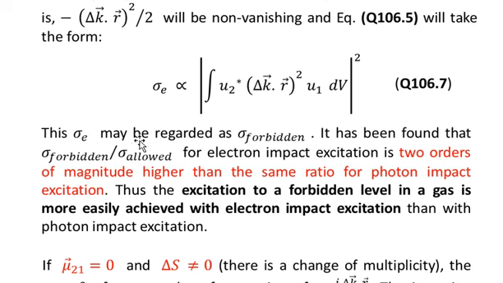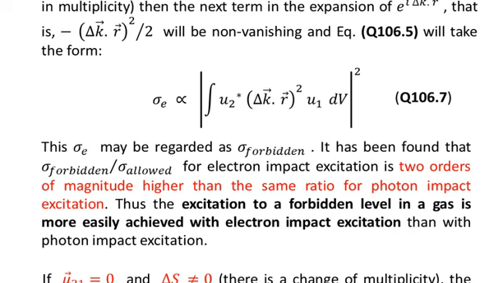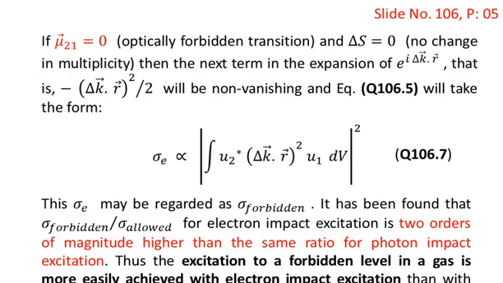So you see that if the transition is optically forbidden, as in this case we are discussing, then if we want to achieve the optical transition, it will not be possible for us.